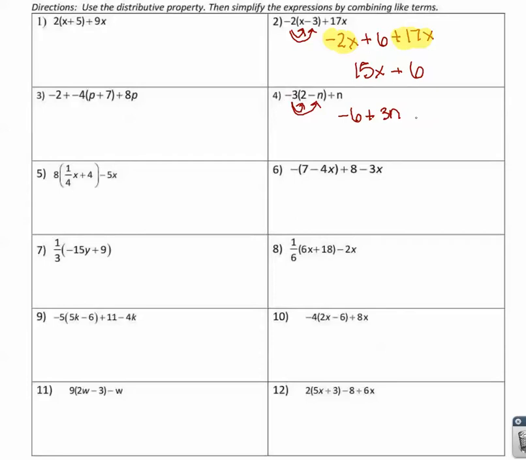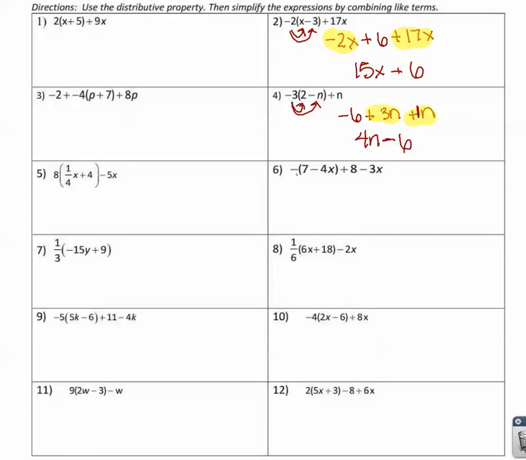Bring down your plus n. Now combine any like terms. 3n plus 1n, because remember there's a 1, is 4n minus 6. Don't forget that negative is out front, and that becomes your minus sign.